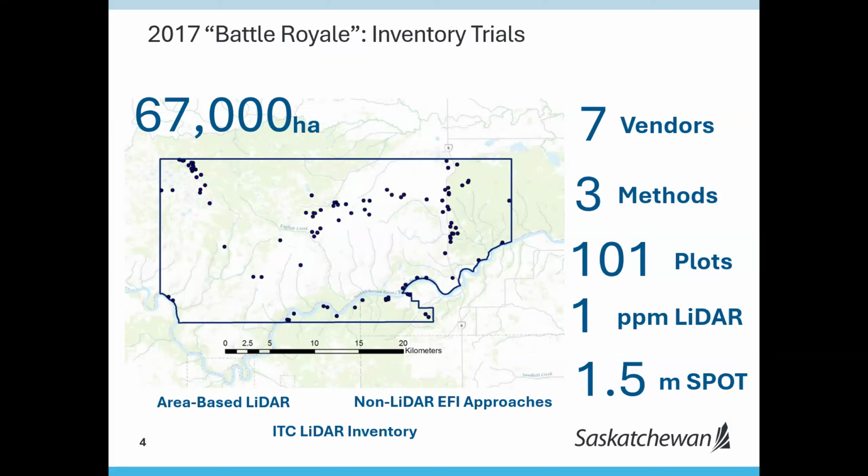We collected a lot of ground information, which was used to build and assess the accuracy ranges of these solutions. And with that treasure trove of performance data, then we could use our procurement processes to get cost profiles and figure out which methods we could deploy operationally for our forest resource inventory.